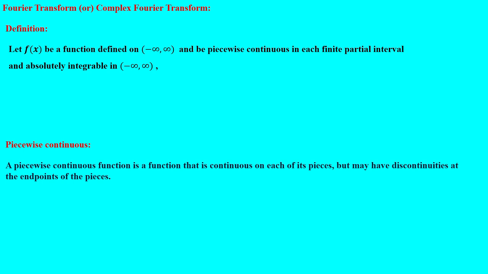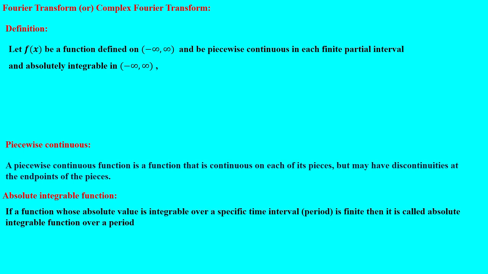All three are the same. Absolutely integrable means the integral over the real line of modulus f of x dx is finite, or it is less than infinite, or it is convergent. That means the function f of x is absolutely integrable in the real line minus infinite to plus infinite.